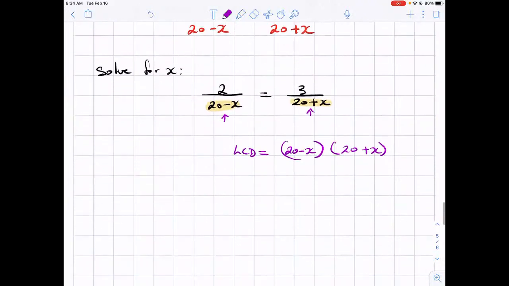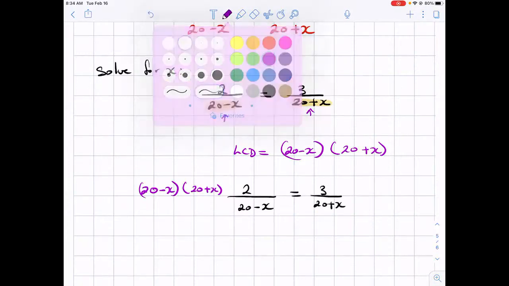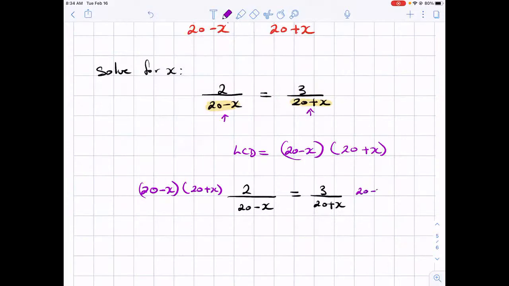And then we multiply each one of those fractions by the common denominator. So I multiply the first one, 3 over 20 minus x, and that is equal to 3 over 20 plus x, but we'll multiply that by the common denominator, which is 20 minus x times 20 plus x.